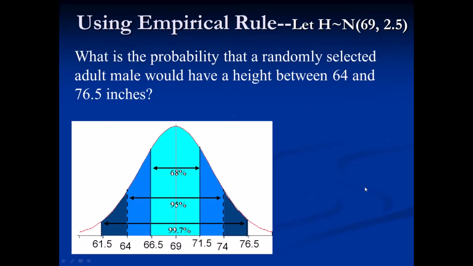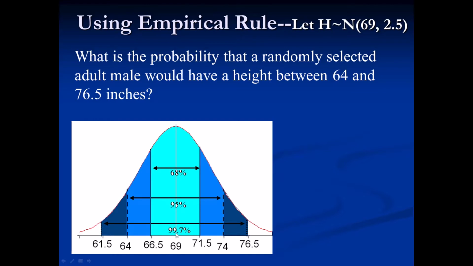Try another one. What's the probability that a randomly selected adult male would have a height between 64 and 76.5? That'll be tough. 64 to the median will be half of 95, which is 0.475.